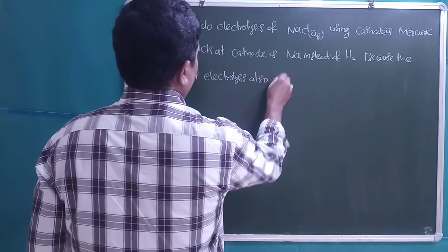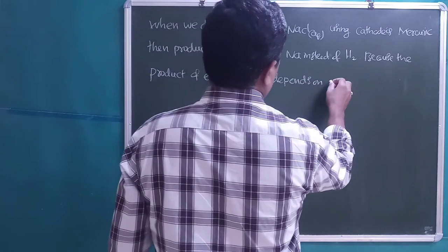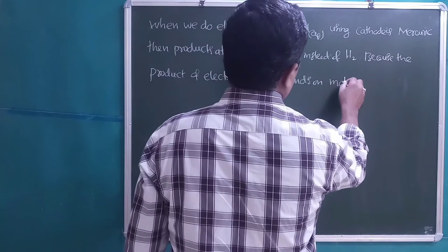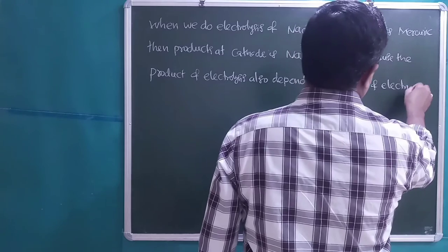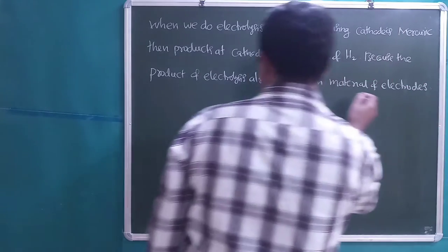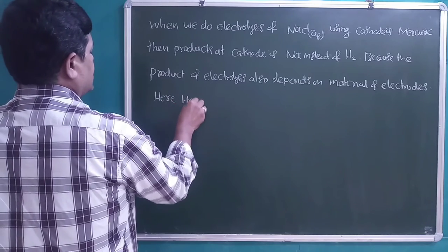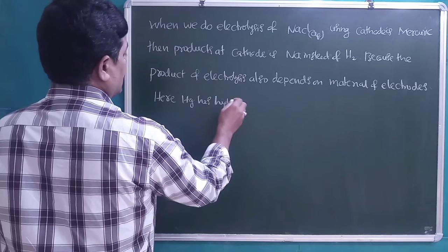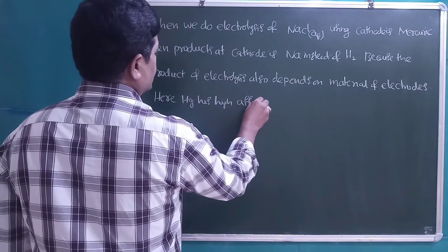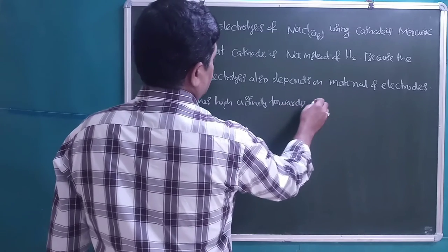Because the product of electrolysis also depends on the material of the electrodes. Here Hg has a high affinity towards sodium.